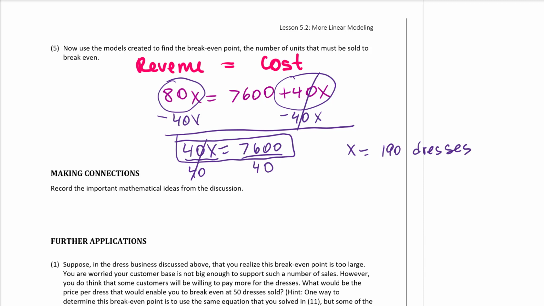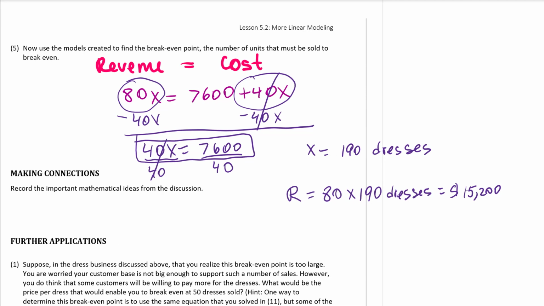Just to show you that those are equal, check out the revenue. You sold 190 dresses at $80. That gave you a revenue of, let's multiply, 80 times 190. So you collected from your customers $15,200.